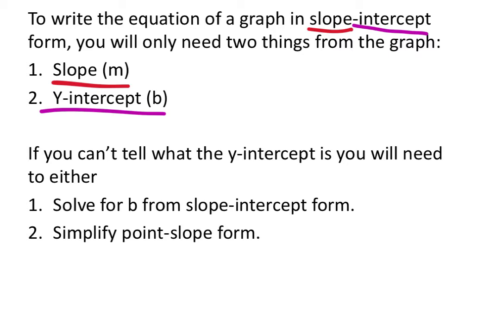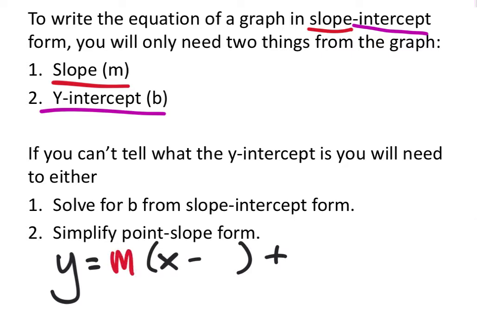Now, we're not going to see this today, but if you couldn't tell what the y-intercept was, then you'd either need to solve for it using slope-intercept form or simplify what's called point-slope form. And we're going to talk about this a little bit later. But point-slope form, it's going to look like this, just so you understand, and I've seen this already.